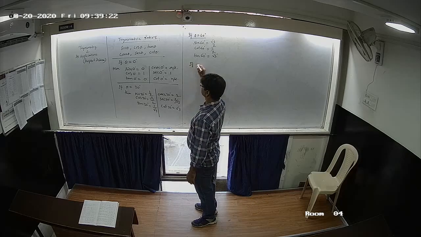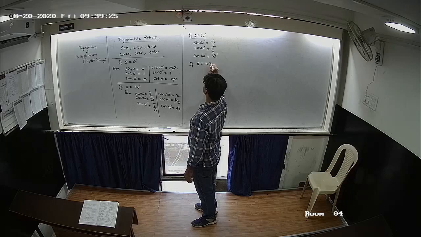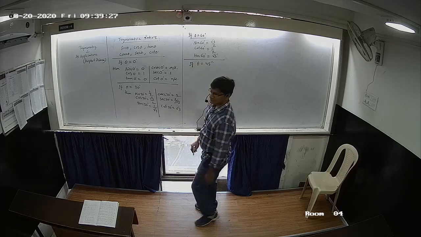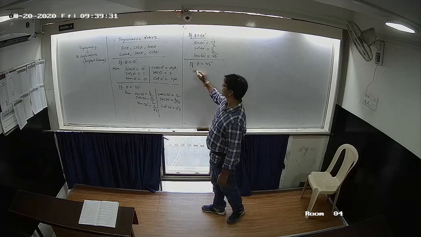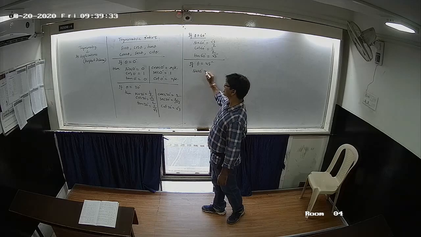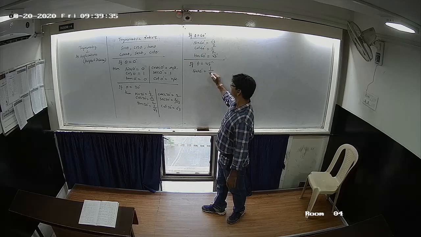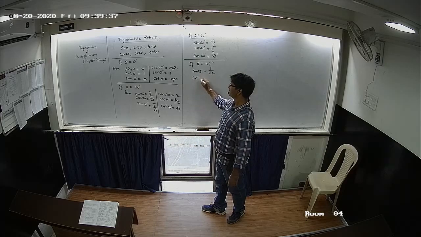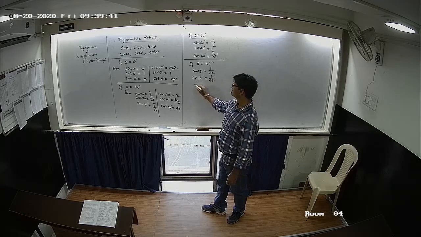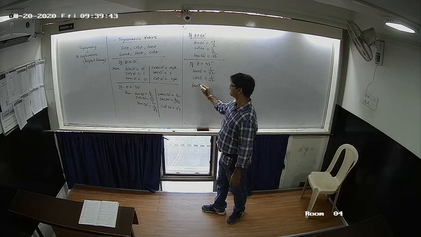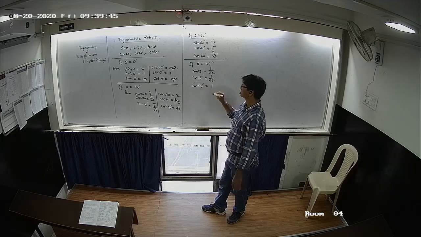Again, if theta equal to 45 degree, then I hope you know the values. Sin 45 degree is equal to 1 by root 2, cos 45 degree, 1 by root 2 again, and tan 45 degree is equal to 1.